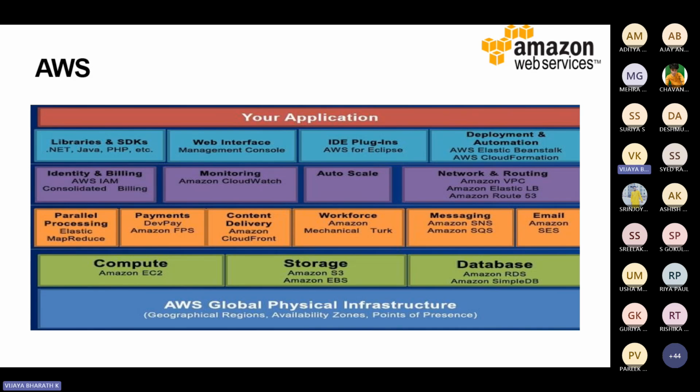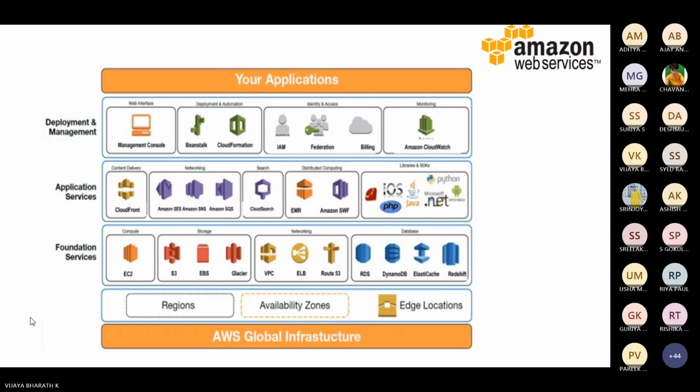So we all know the basic backbone, which is EC2, storage and database. So now you can see where your applications are hosted on top of this AWS. Take the availability zones and regions. You'll have regions, and internal to the regions, you'll have availability zones.